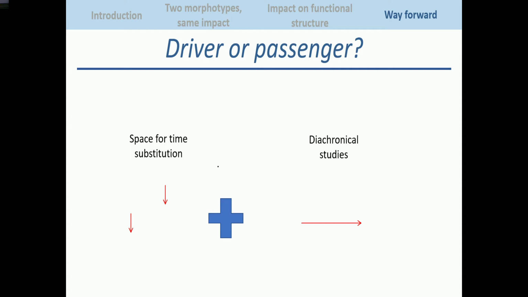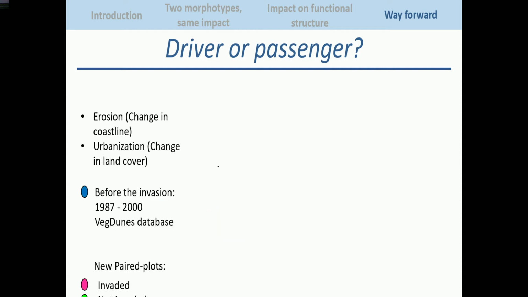So we do actually have phytosociological releves from before that time. So we could combine the data from before the invasion, these phytosociological releves that go from 1987 to 2000, excluding, of course, this southern part where Carpobrotus starts appearing in the 90s, and the new pair plots.